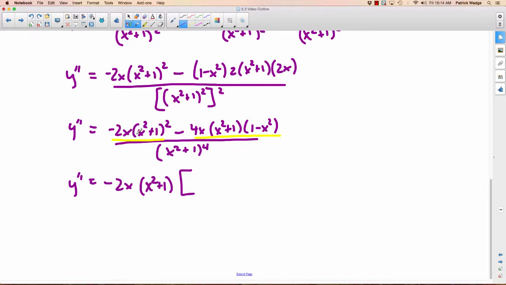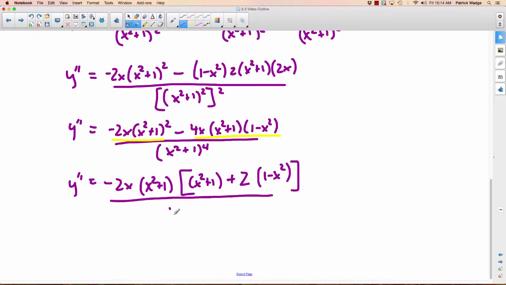Well, you need to multiply by another x squared plus 1. Plus, right, because it's negative 2x times what equals negative 4x times positive 2. And then we have the x squared plus 1 taken care of. So we just have this 1 minus x squared that we'd have to worry about. And that's all over x squared plus 1 to the fourth.